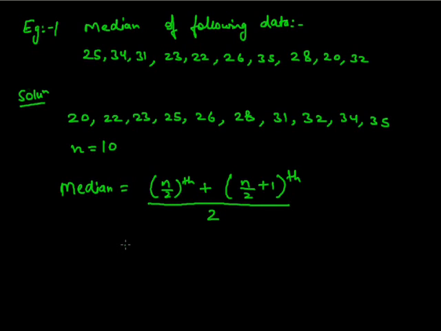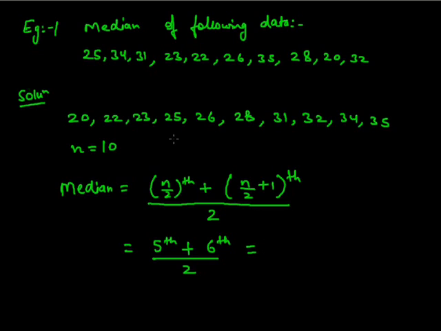So n by 2, that is 10 by 2, the 5th observation, plus n by 2 plus 1, that is the 6th observation, divided by 2.